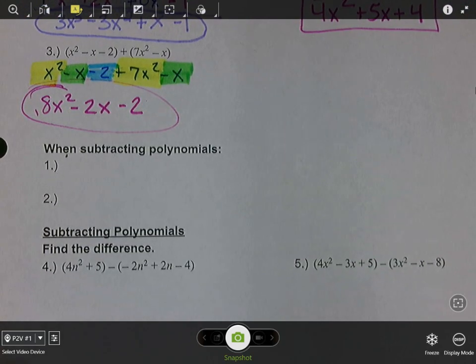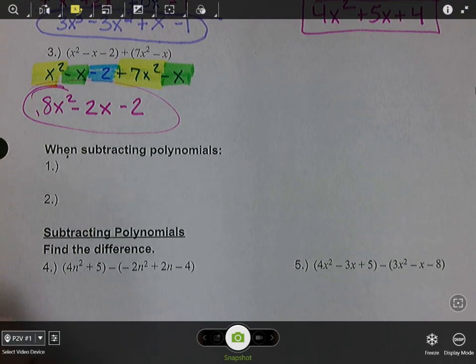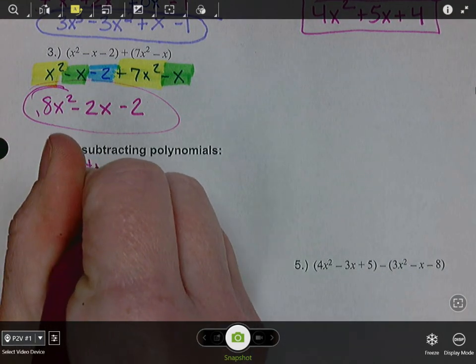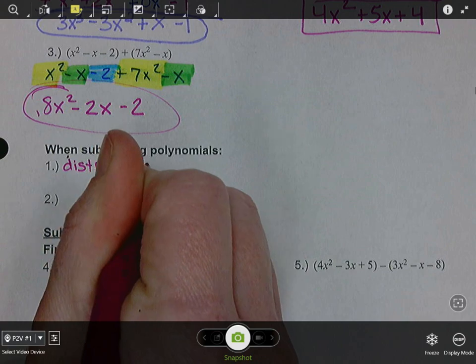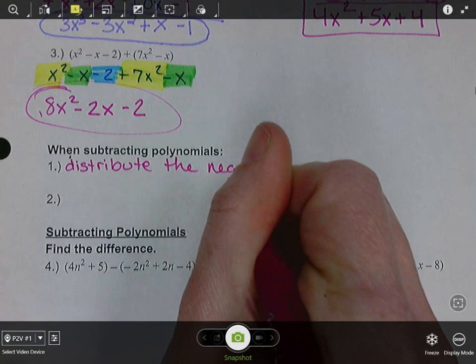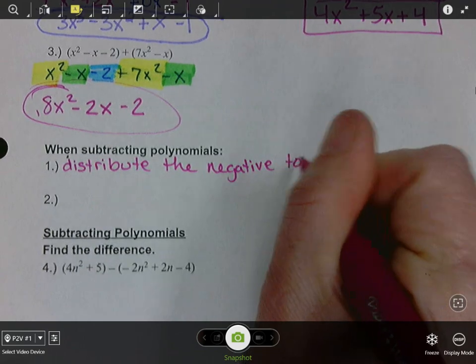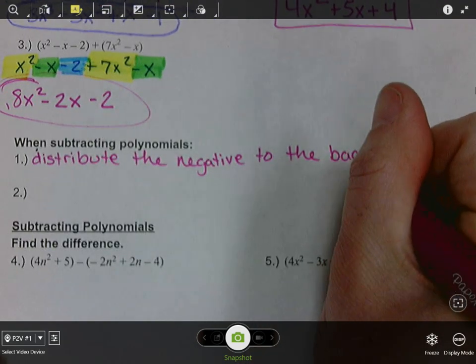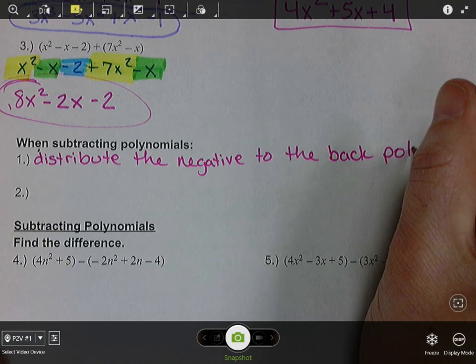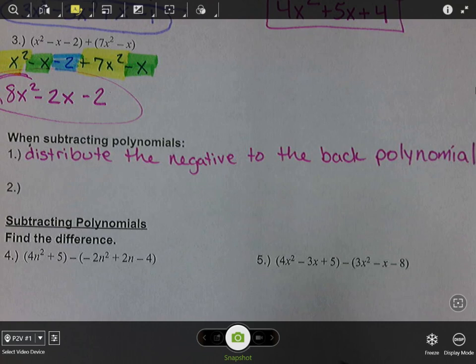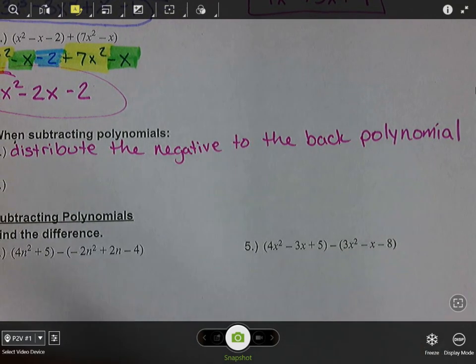When subtracting polynomials, step 1, distribute the negative to the back polynomial.